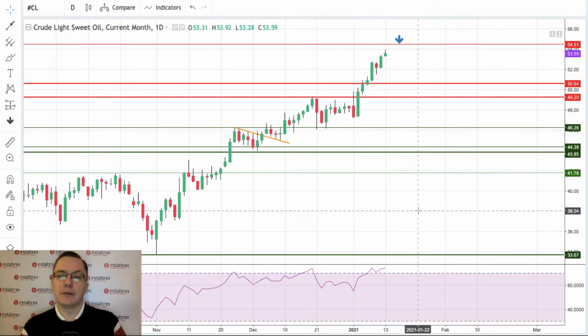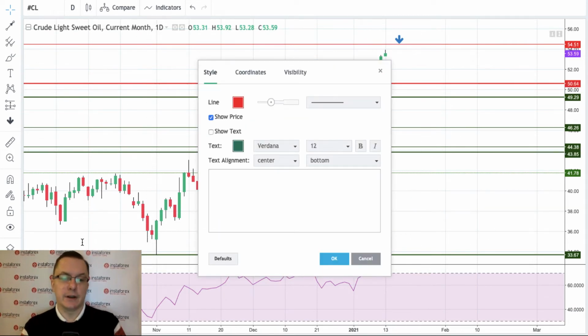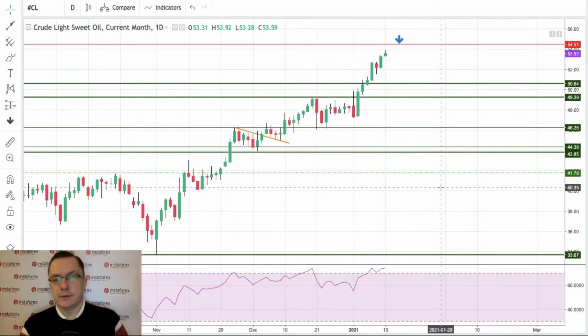All of them are at the highest levels since 2014. So right now we are just continuing this move higher on the crude oil, which is kind of a commodity as well, if you think about it.